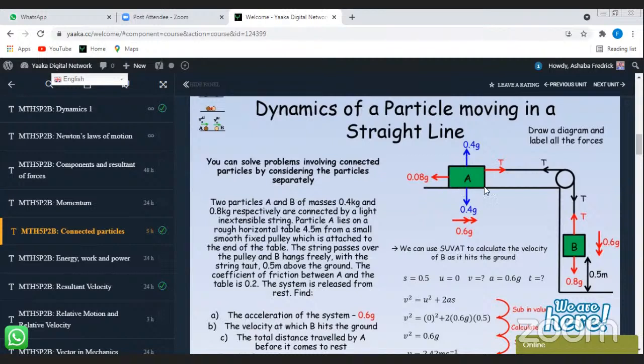So when we are considering this movement here, we shall also resolve here to get the resultant force. Okay. Yes. So the motion is this way, so we shall have T, 0.g.